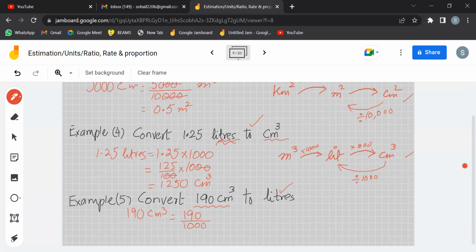This is the factor, and yes, we are in liters. The answer is 0.19 liters.